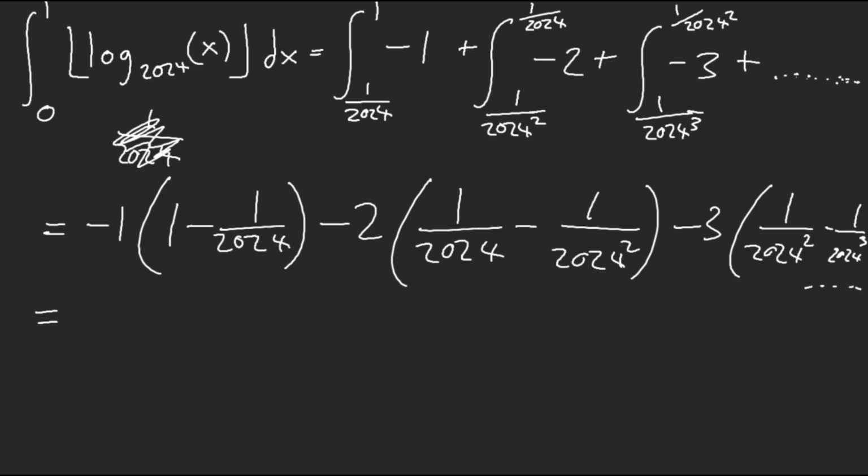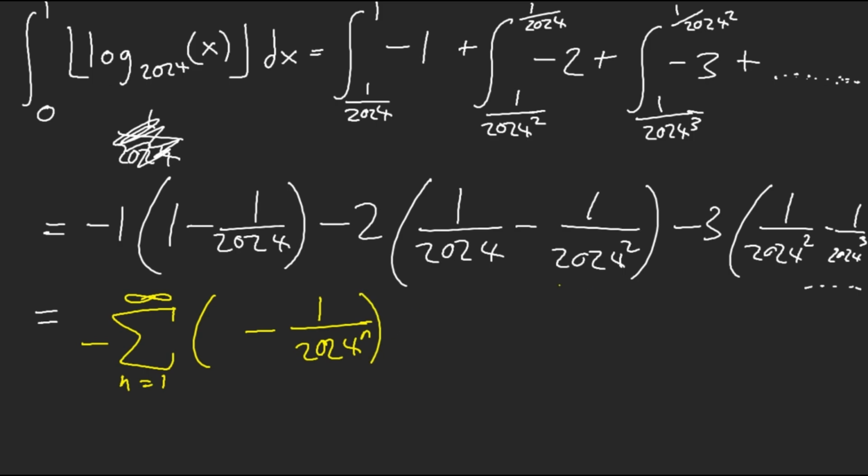So what we have is a negative sum where we start with n equals 1, and then we have 2024 to the n here, right?